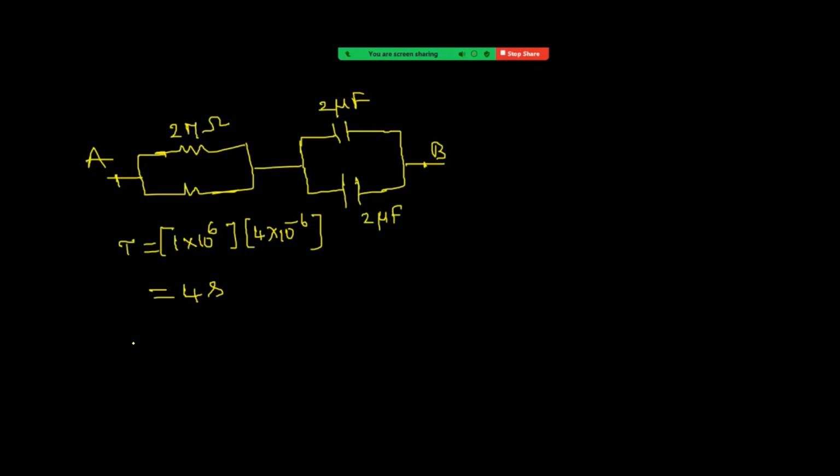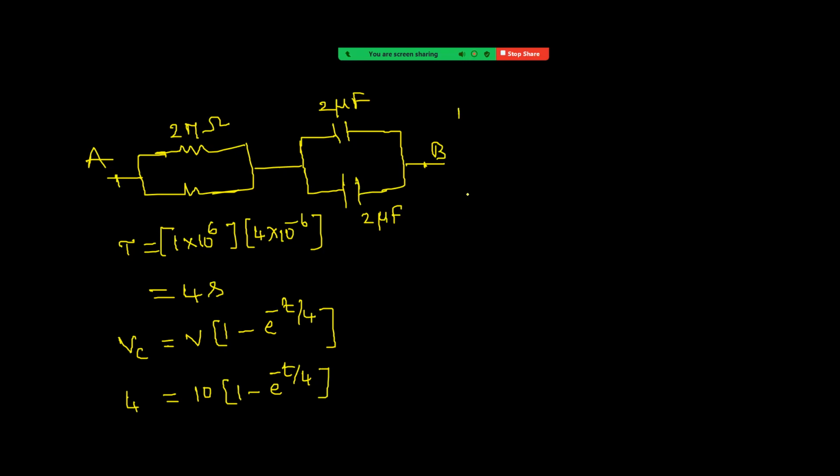Okay. And just now we have discussed, the potential difference across a capacitor is equal to V into 1 minus e power minus t by RC. So t by 4. Given V value is 10 and this is now 4. So 4 equal to 10 into 1 minus e power minus t by 4.